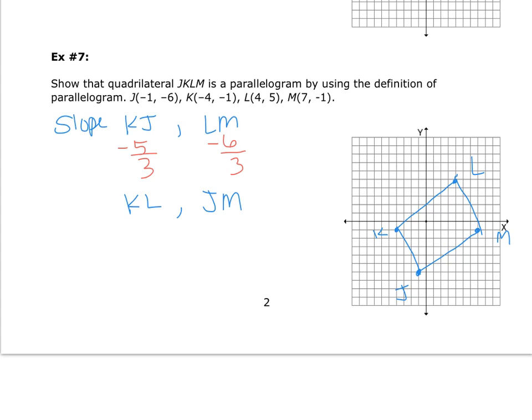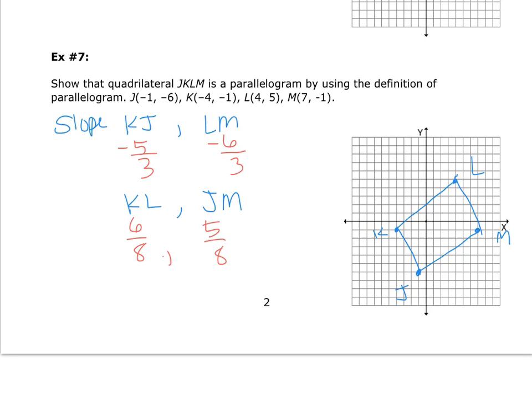But if they were the same, we would want to double check the others. So KL is a slope of down 6, and then over 8. So I have 6 over 8. And then JM is up 5 and over 8, so 5 over 8. So I have that case on both of them.